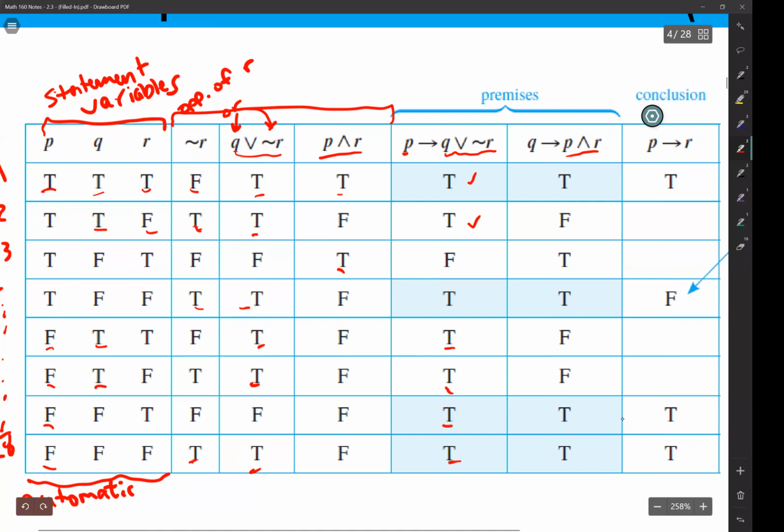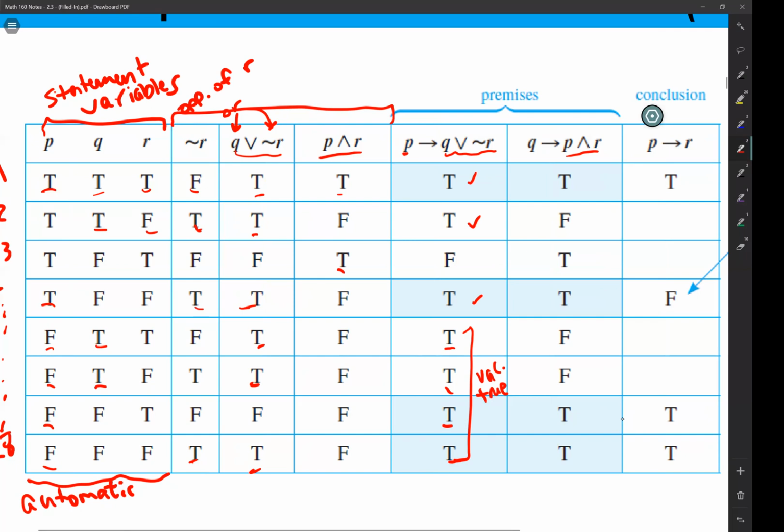So boom, boom, boom. So that's great. And then the last one is we look at, oh, I missed this one, when I have true P leading to a true Q or not R. So that's there. Okay, so these are the vacuously true ones.